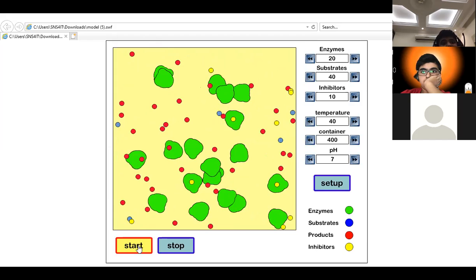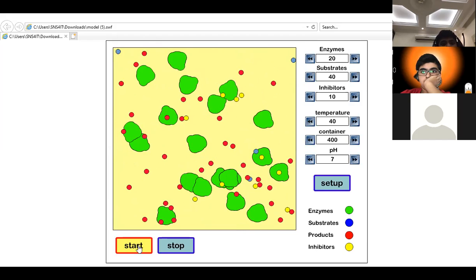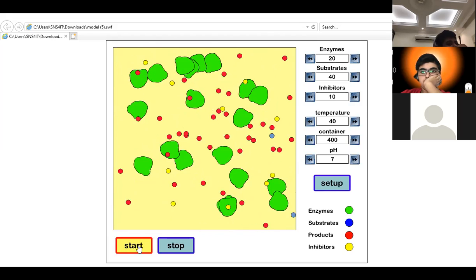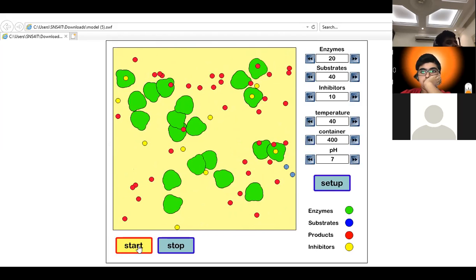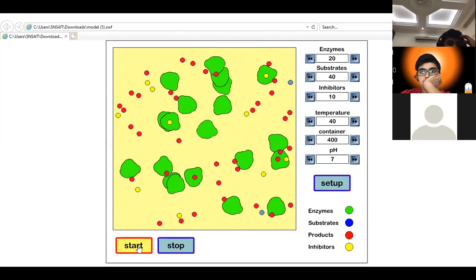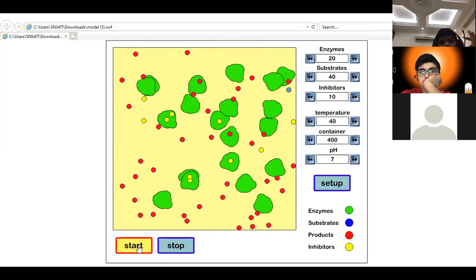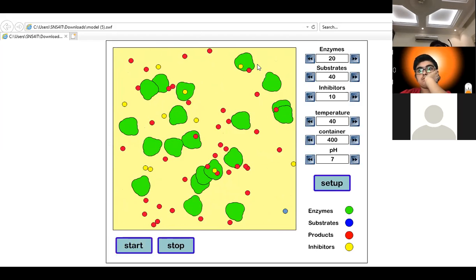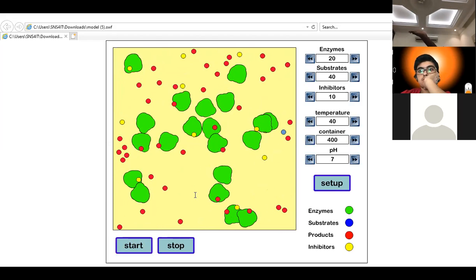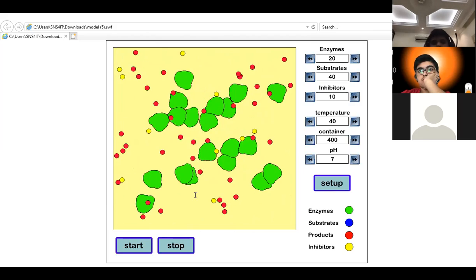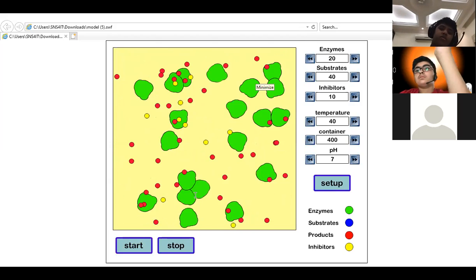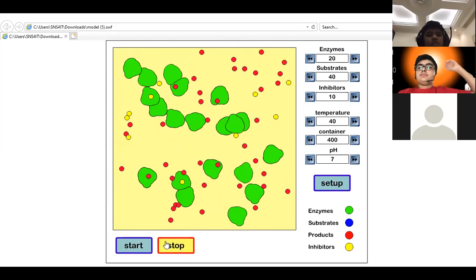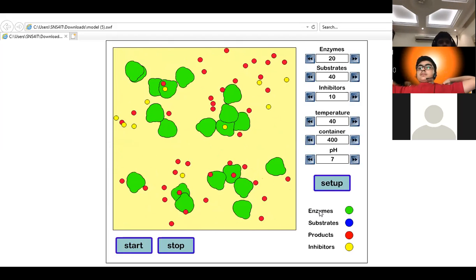And we are almost done. 4 molecules left. 3, 2, and 1. Last one. Yes, we have done it. Okay, let me stop it. Now they're not moving.